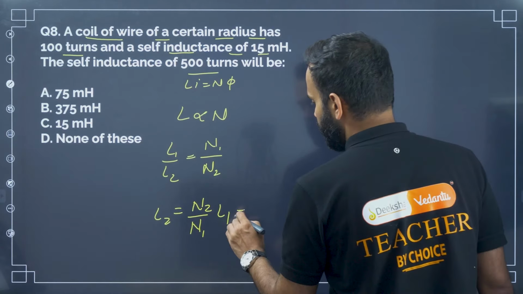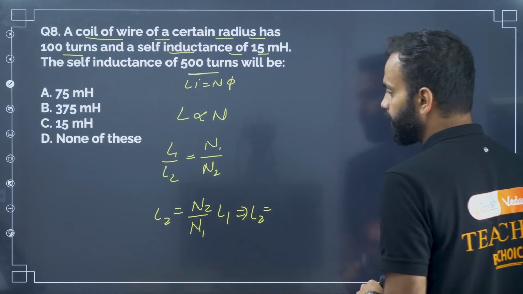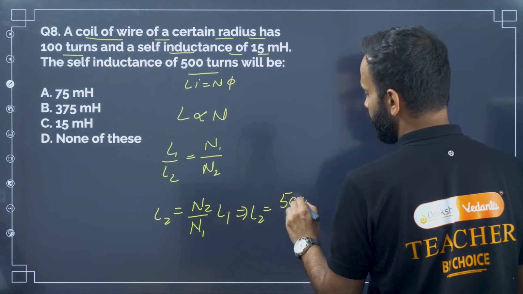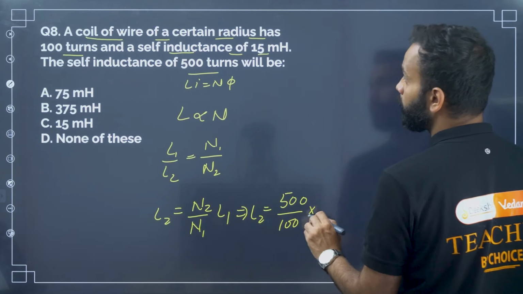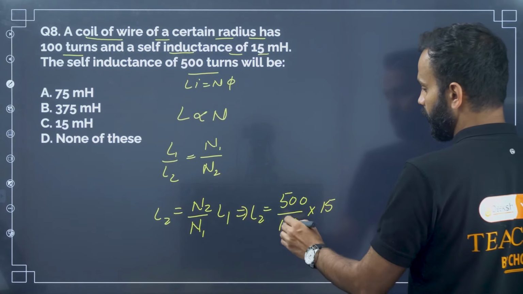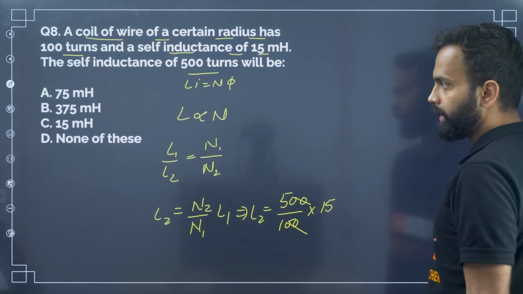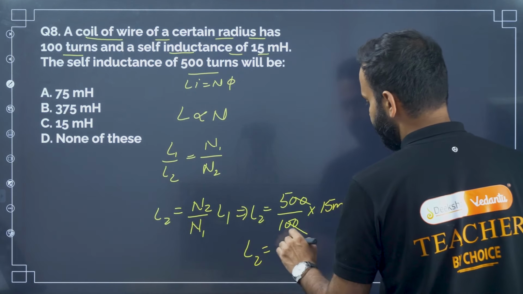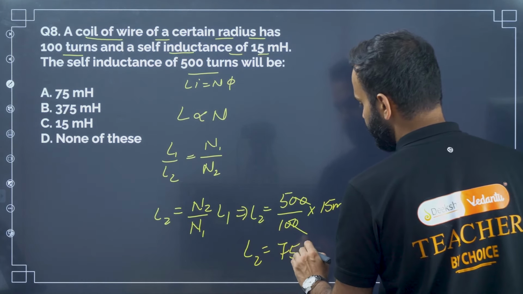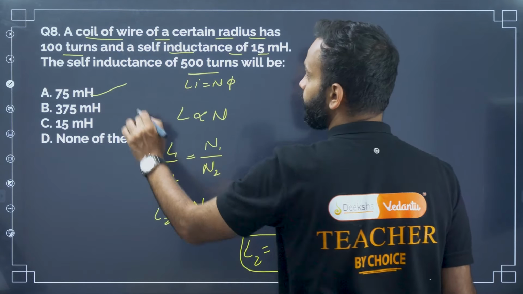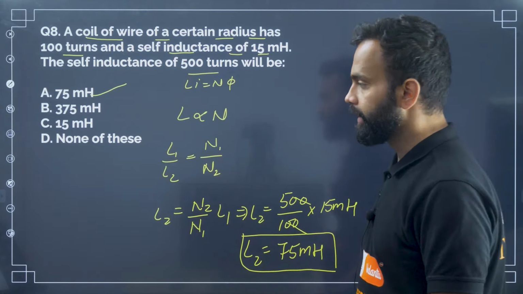N2 is 500, N1 is 100, into L1, which is 15. So 100 will get cancelled, and L2 is equal to 75 millihenry. The correct option is A.